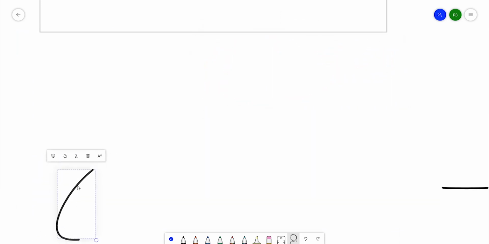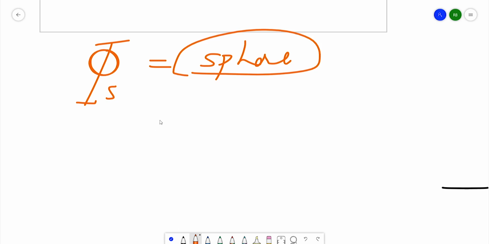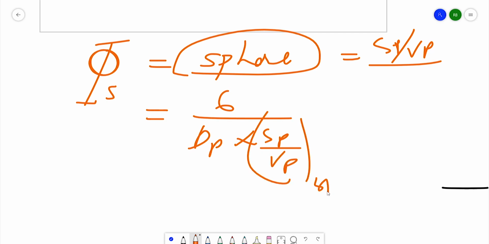Okay, we'll solve one more problem. Let's try to calculate the sphericity of a sphere. What is the formula? It is 6 by dp into Sp by Vp, which is already 6 by dp.